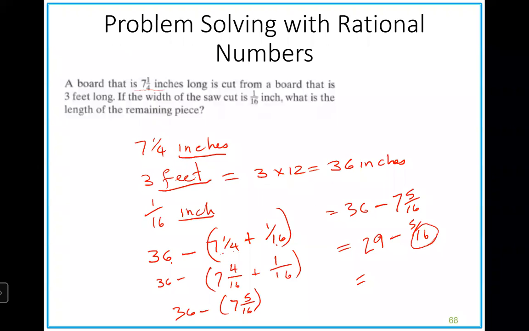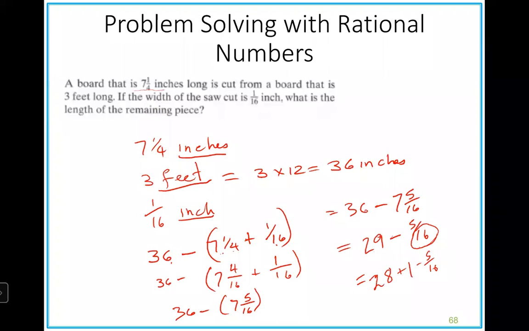So I want to find out, if I have 29 and I have to take away 5/16, then from the 29, I could take away 1 to give me 28, and I have to take away now 1 minus 5 over 16.